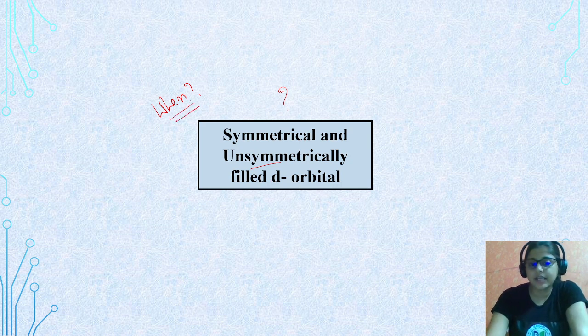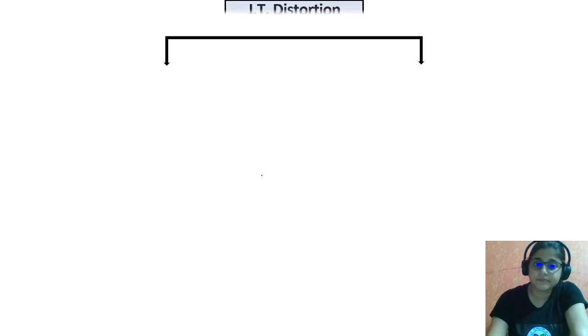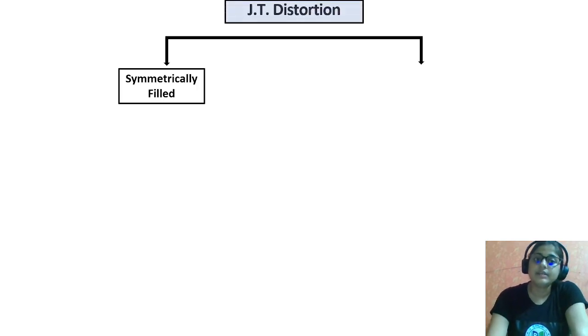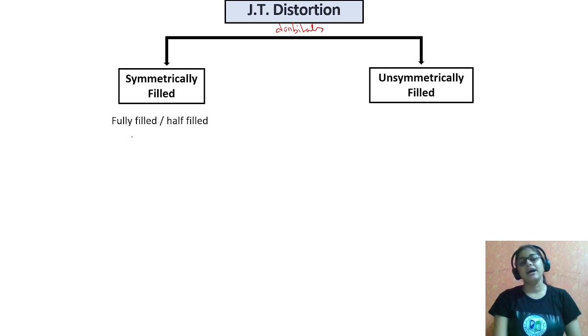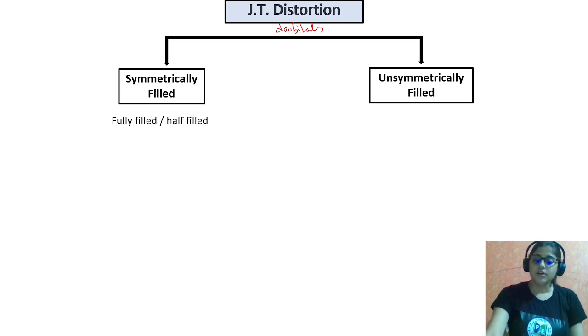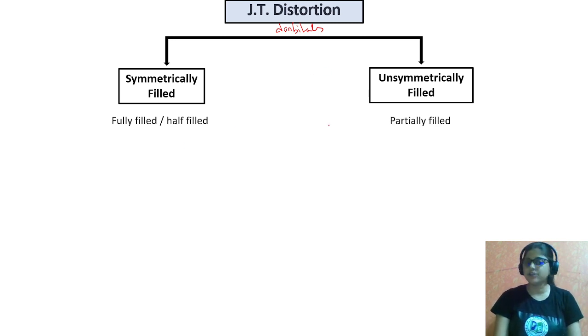That answer we can find out if we know what symmetrically and unsymmetrically filled orbitals mean. The d orbitals can be symmetrically filled or unsymmetrically filled. Symmetrically filled means that they are fully filled or half filled, and unsymmetrically filled means partially filled, the opposite of that.